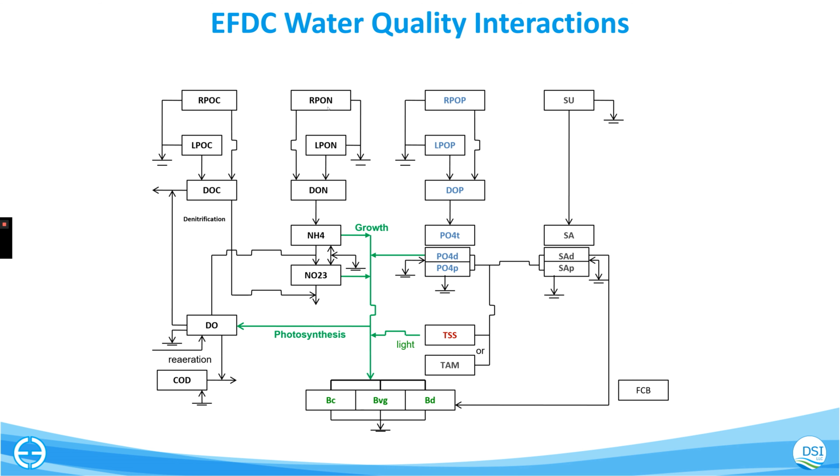Respiration occurs 100% of the time that you have algal groups, regardless of whether you have photosynthesis or not. There the algal material is consuming oxygen based on the amount of mass of your algal groups. Predation.